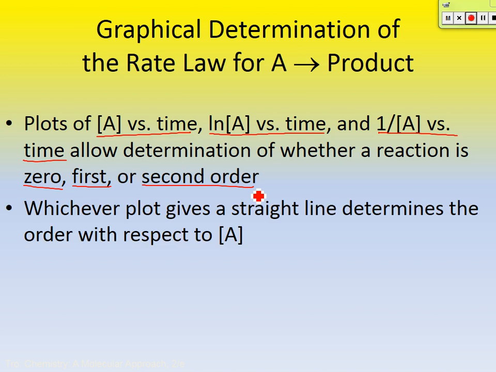Here's maybe the most important thing that I'm going to say today. Whichever plot gives you a straight line determines the order with respect to A. Say that again. Whichever plot gives you a straight line determines the order.